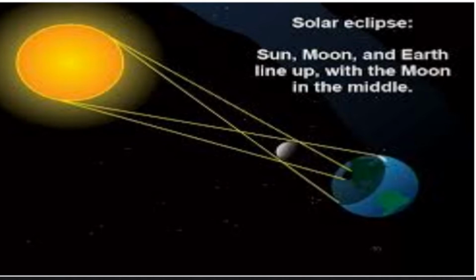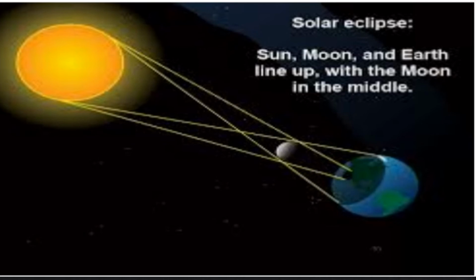A solar eclipse occurs when a portion of earth is engulfed in a shadow cast by the moon. Children, here you can see that a shadow is formed on earth, which partially or fully blocks sunlight. This occurs when the sun, moon and earth are aligned. Here we can see that sun, moon and earth are in a straight line.